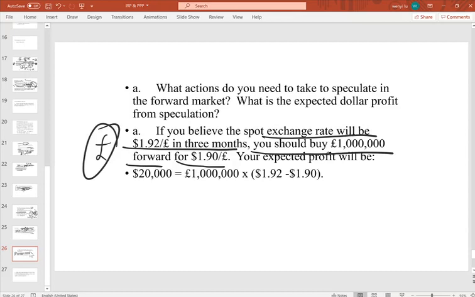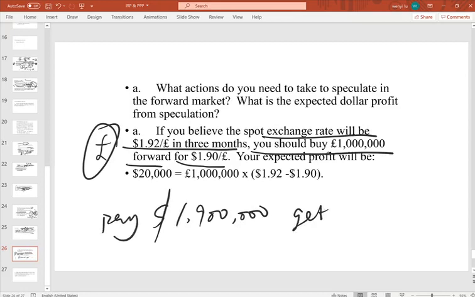If you sign this forward contract, you will pay $1.9 million and get this 1 million pound.